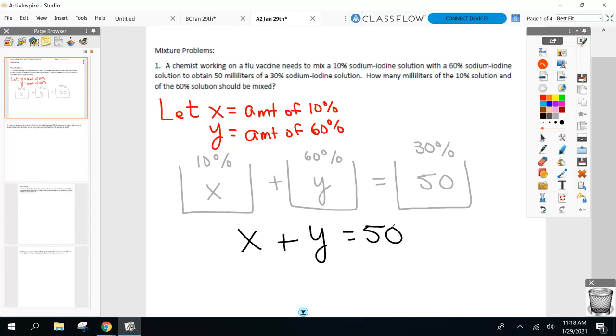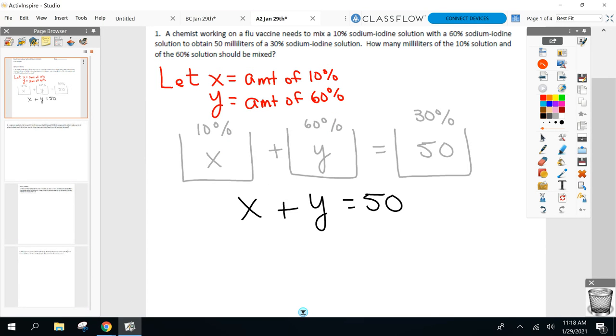Next, remember yesterday and the day before when we had money involved, I was like, money stays with money. Same thing here. Percents stay with percents. So 10% of x. I don't want to write 10. I always want to write it as a decimal when I write the equation.